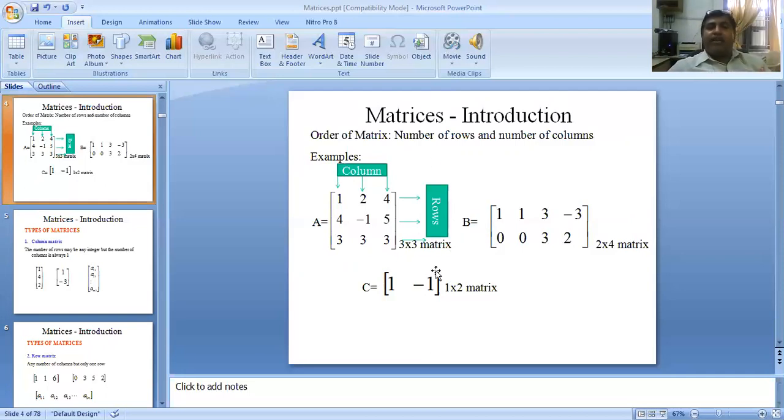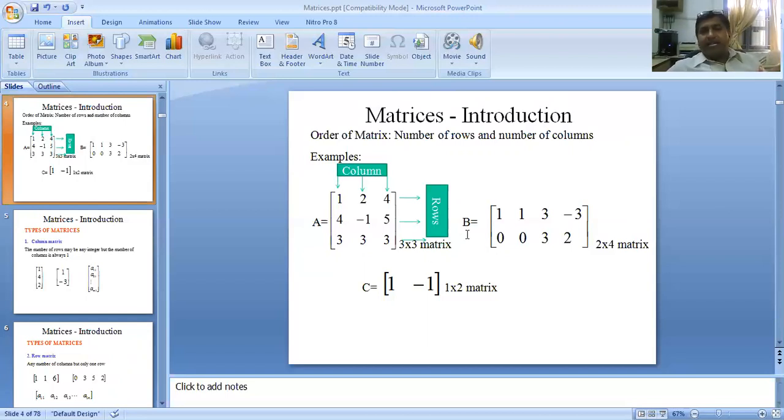When we express the order of the matrix, it is always in the sequence of row and column. The number of rows is written first and then the number of columns. So in matrix A, the number of rows is 3 and the number of columns is also 3. So the order of the matrix is 3 by 3.